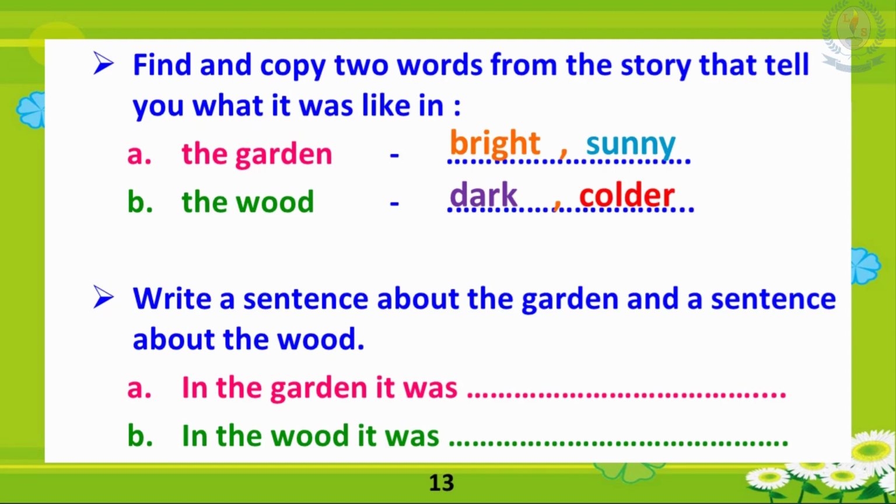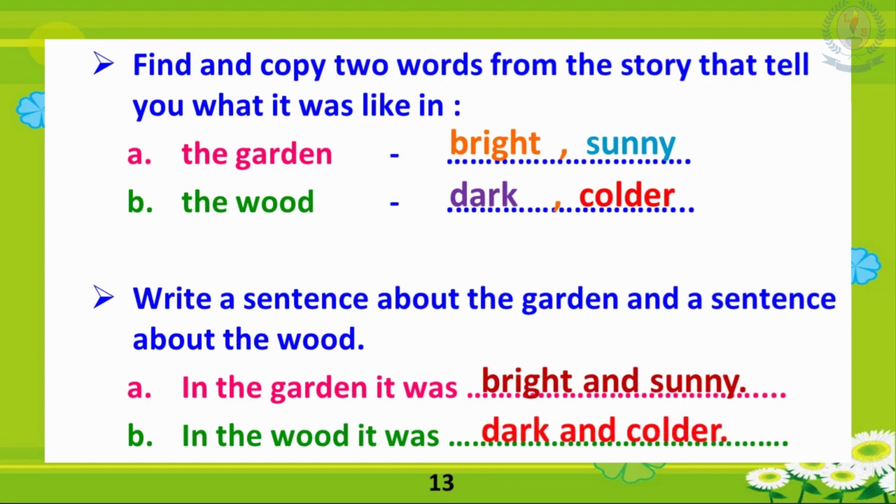Now, can you write a sentence about the garden? In the garden, it was bright and sunny. Then what about the wood? In the wood, it was dark and cold.